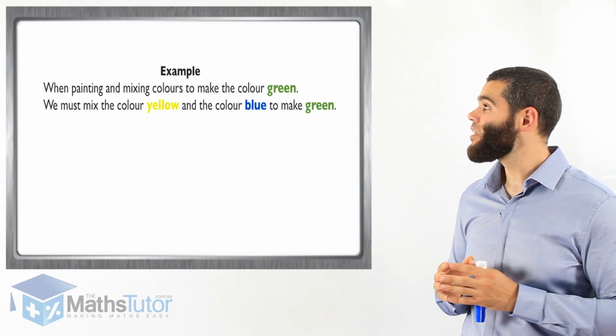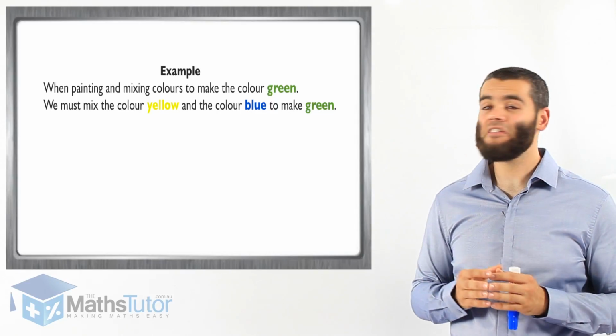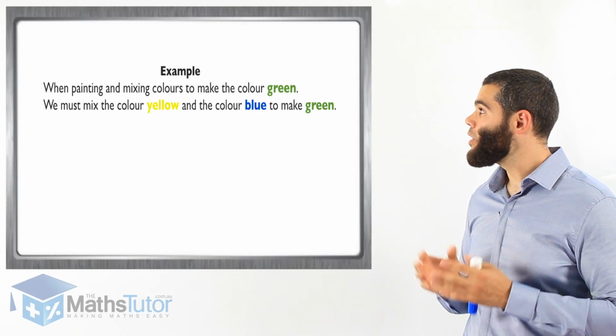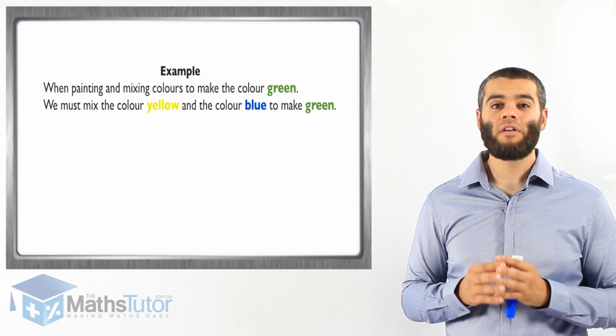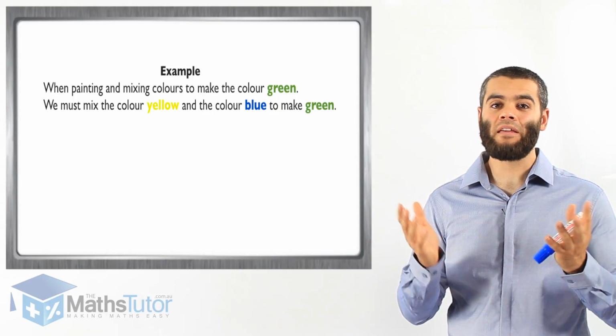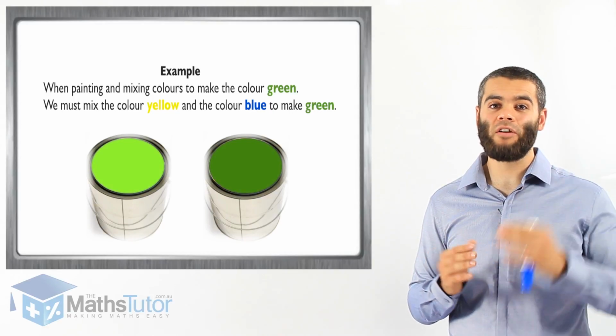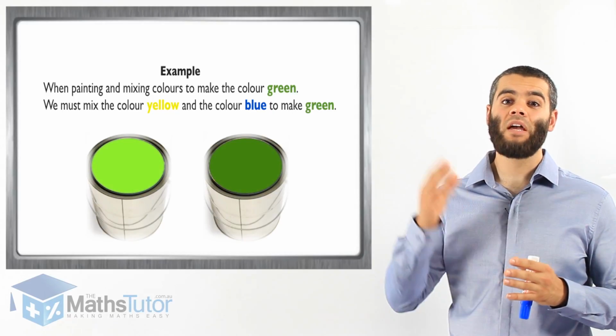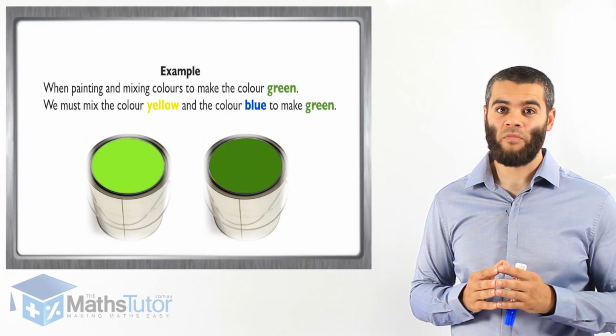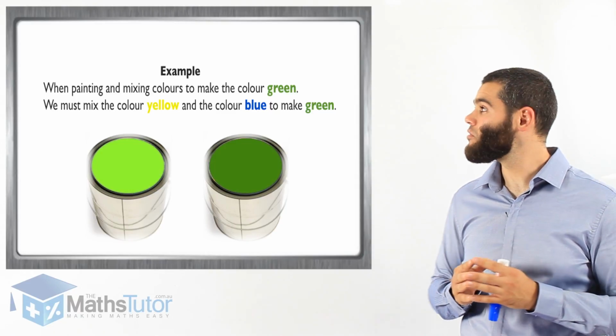For example, when painting and mixing colors to make the color green, we must mix the color yellow and the color blue to make a green. However, what if we want to make a light green, or a dark green? What do we do? This is where ratios are used.